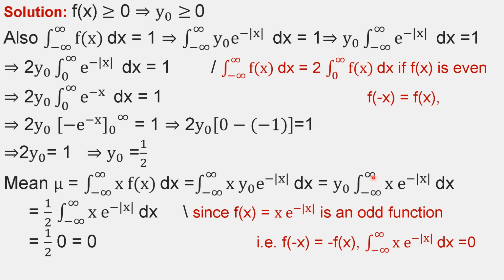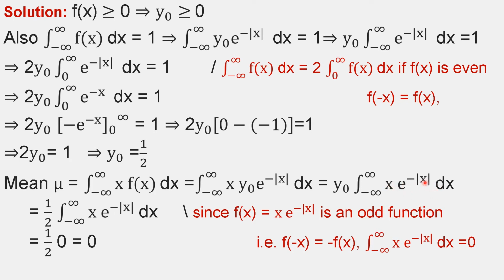So integral minus infinity to plus infinity x into e power minus mod x dx. And again an integral of the form integral minus a to plus a, lower and upper limits are the same with opposite sign. Integral from minus a to plus a f of x dx will be 0 if the integrand f of x is odd, and 2 times integral 0 to a f of x dx if the integrand f of x is even.